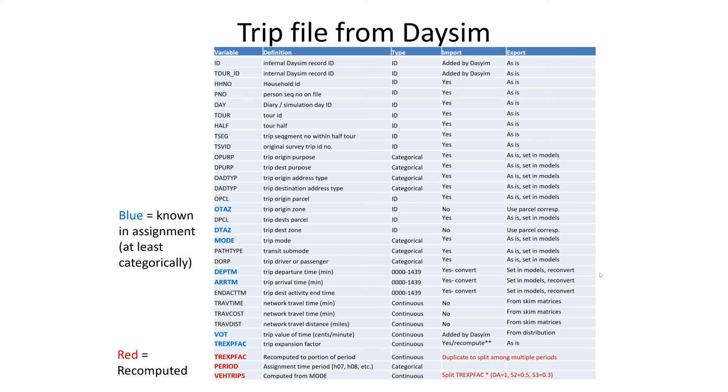Now we're doing a little processing of these DASIM trips to make a separate trip record for later processing. And also explicitly getting the vehicle trips out, as you know, drive alone is 1 vehicle trip, share 2 is half a vehicle trip, and share 3 is 0.3. Next slide.